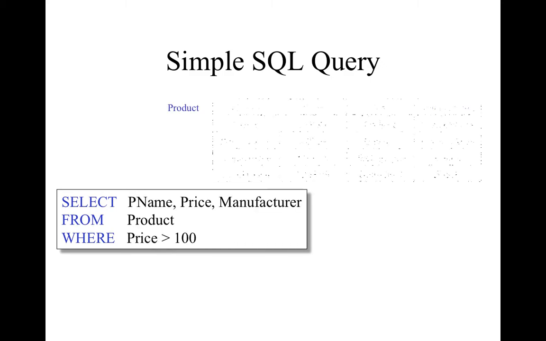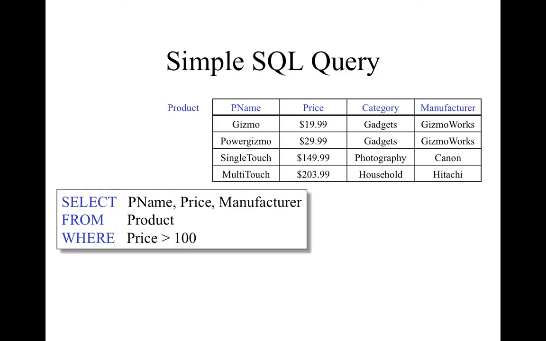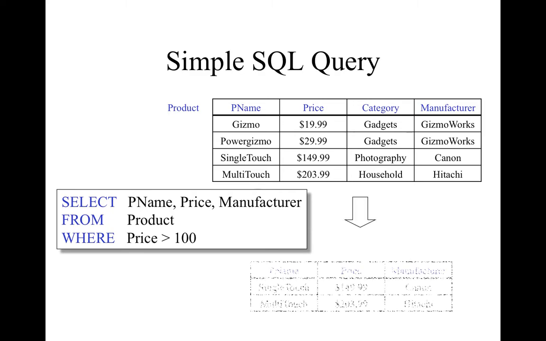Continuing on the same line, if we were to look at the product name, price, and manufacturer for the product where the price is greater than 100, first looking at the data, you should see, if the query is written correctly, both the single touch and multi-touch fields, where we'd be pulling the name, the price, and your manufacturer, not worrying about the category.